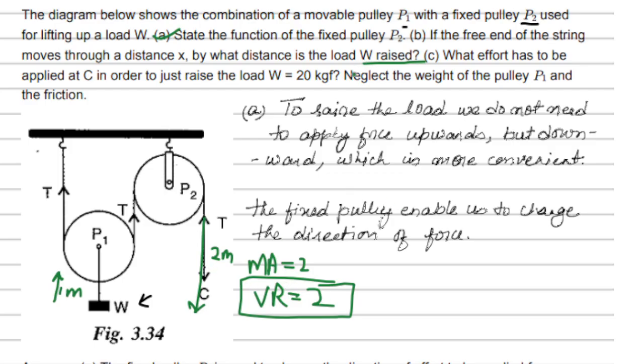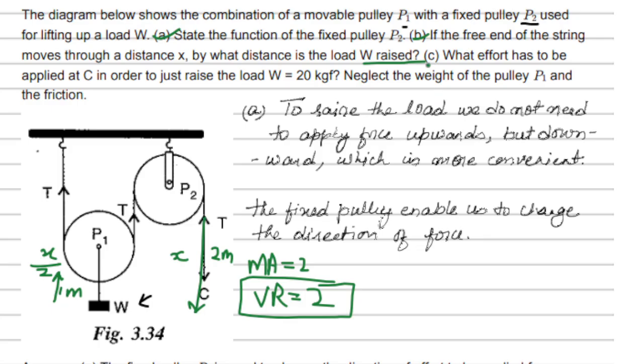So if we are moving this distance x, let's say 2 meters, then what we are doing, we are just halving it. We need to take a half of it. So if the move distance is x, what will happen to the distance moved up? It will be just x by 2, right? So that will be the answer for option B. Okay, so it will be x by 2.